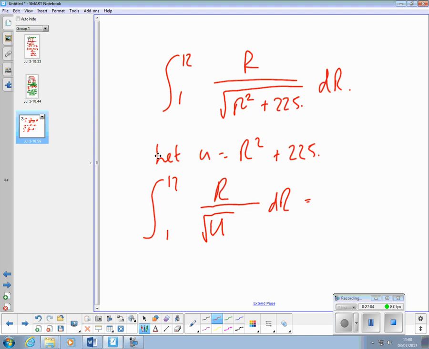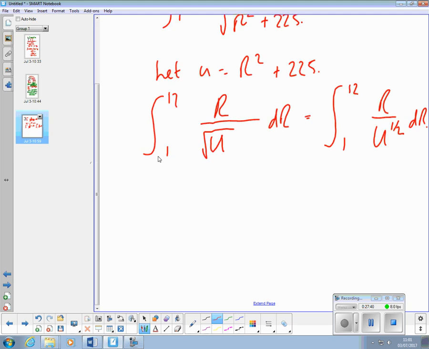Yep. And then we can write that as integral between 12 and 1 of r over u to the half dr. We then have to integrate u, so du by dr. What happens to the constant when we differentiate?